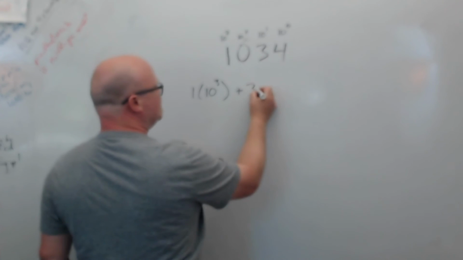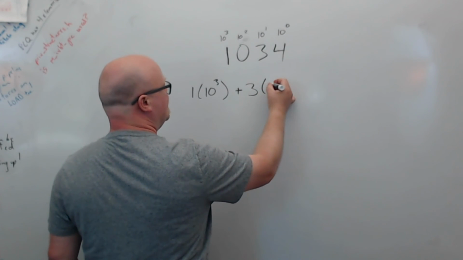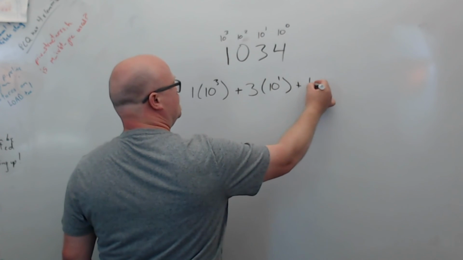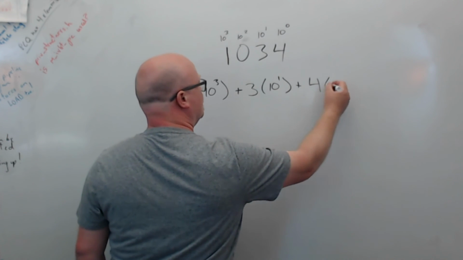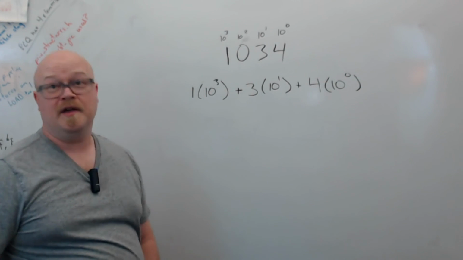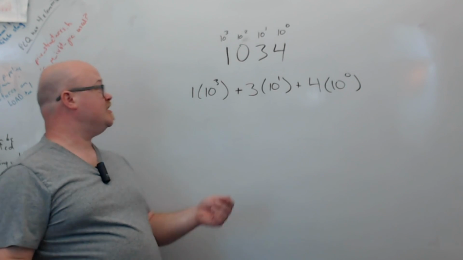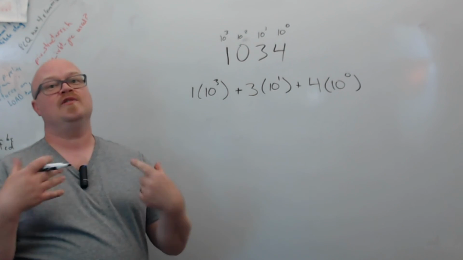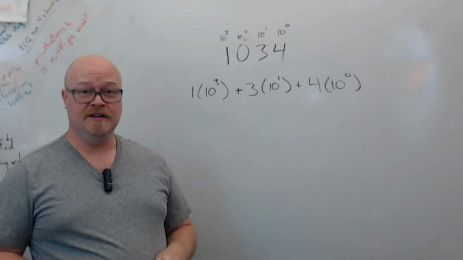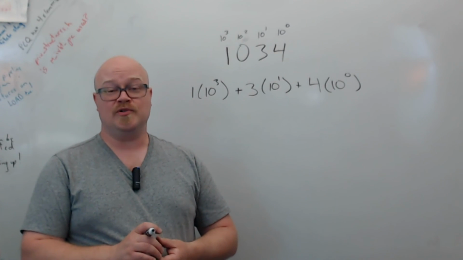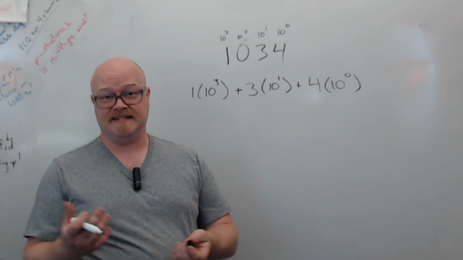But this will be 3 times 10 to the first plus the coefficient 4 times 10 to the 0th power. And if we actually applied each of these exponents, we'd see that we have the equation that we started with before.